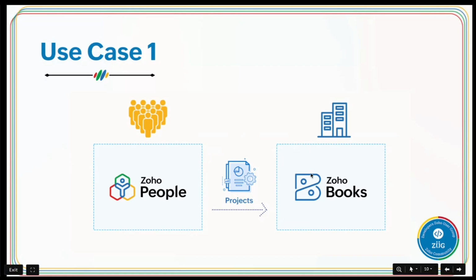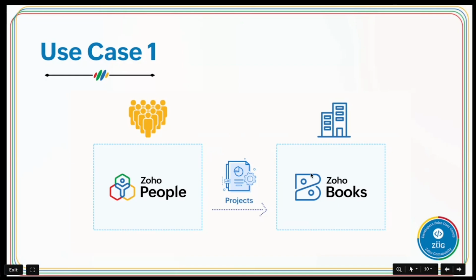In Zoho People, we have information about multiple projects handled in an organization, along with the users involved in each particular project. If you want to provide billing for a particular project, that can be done with the help of Zoho Books.